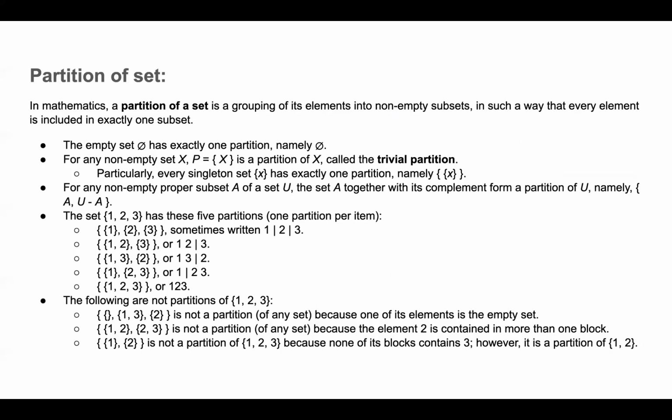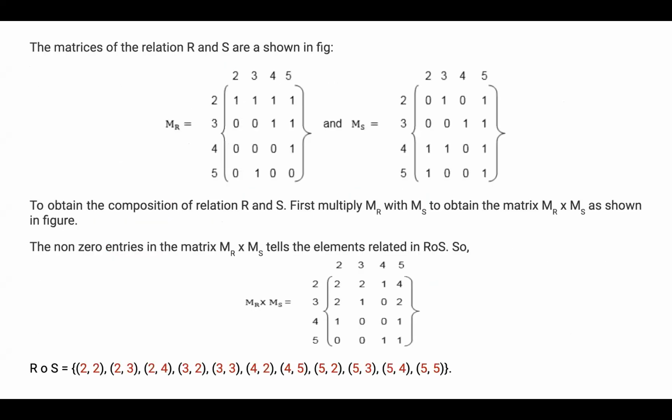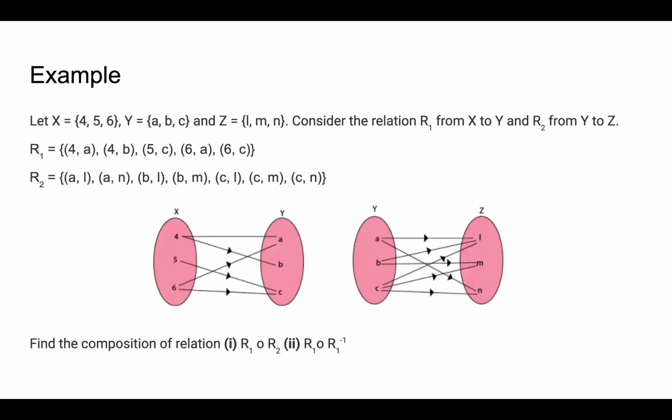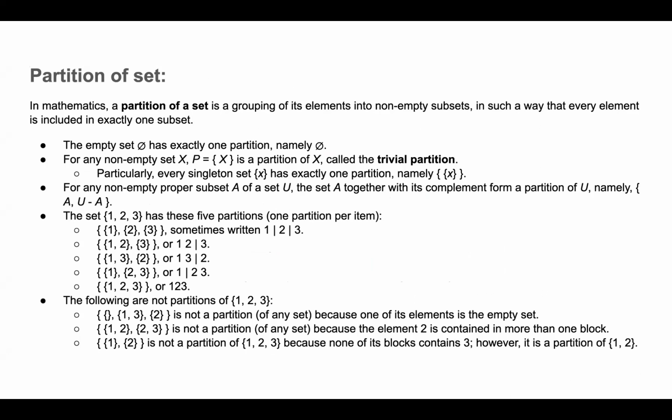Then here comes the most important part of the chapter and the whole syllabus also, partition of a set. How is it done? In mathematics, a partition of a set is grouping of its elements into non-empty subsets in such a way that every element is included in exactly one subset.